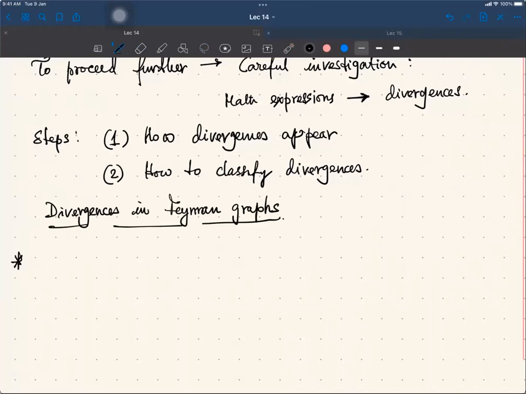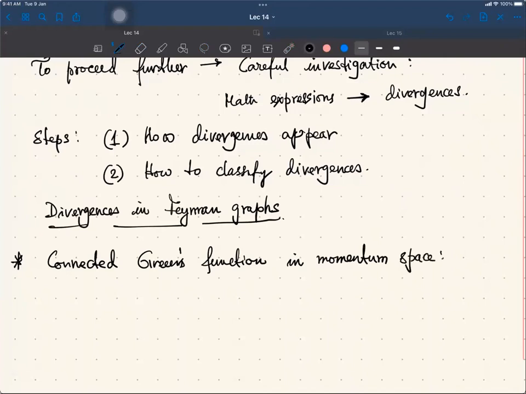Now consider a connected Green's function in momentum space. And that takes the form, so connected Green's function, E is the number of external lines.